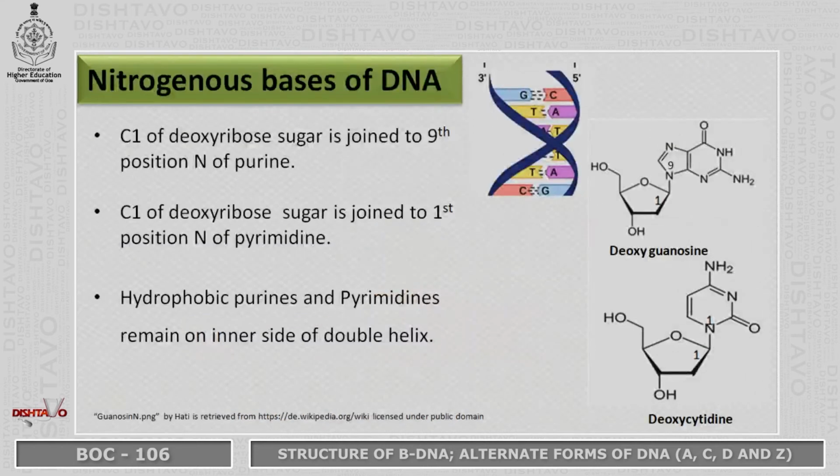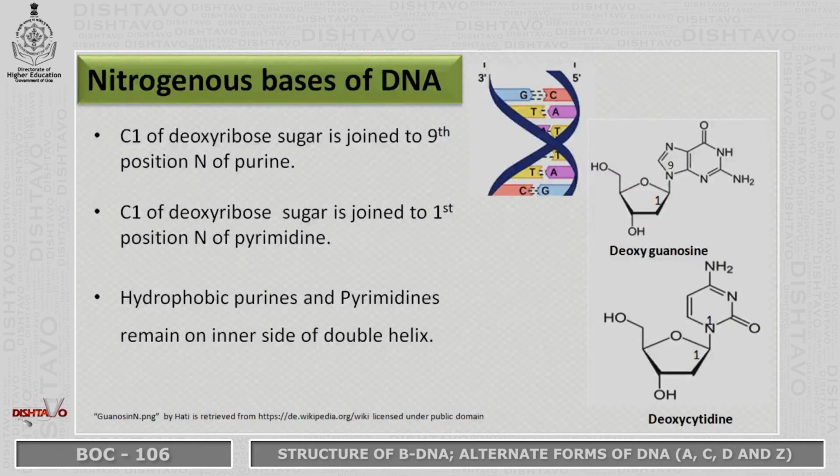Nitrogenous bases of DNA. DNA shows presence of two types of nitrogenous bases, that is purines and pyrimidines. Altogether, purines are of two types, that is adenine and guanine, and pyrimidines are of two types, that is cytosine and thymine.